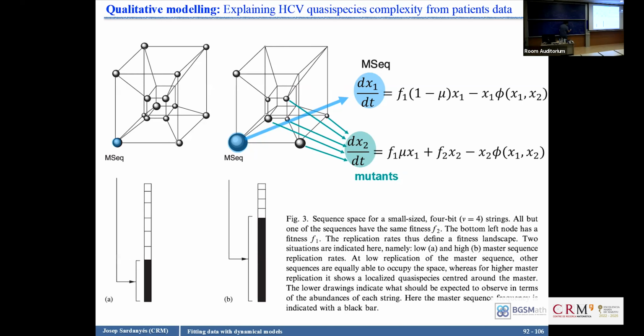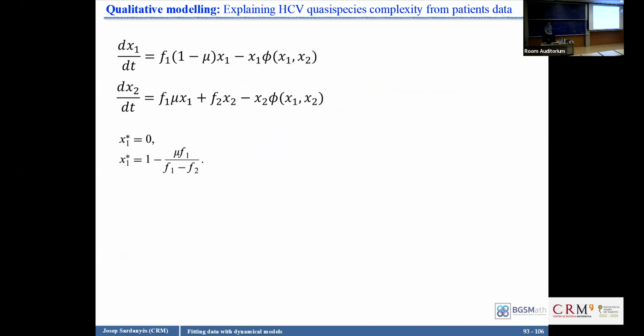So what you see is that the 0, 0, 0, 0, 0 sequence goes to 0, and here you have the spectrum of mutants. Okay, so these are the mutants, this is the master sequence. This can be achieved by tuning mu, but it can also be achieved by tuning the fitness.